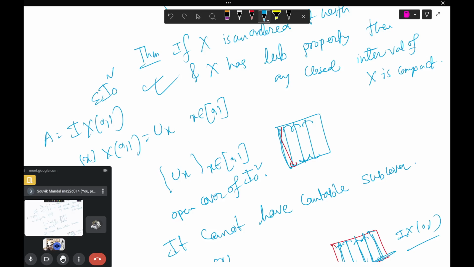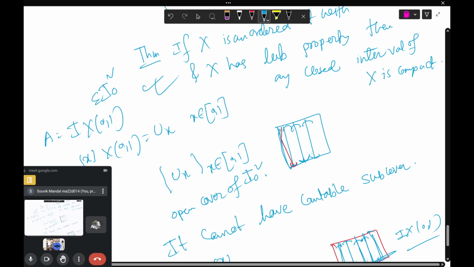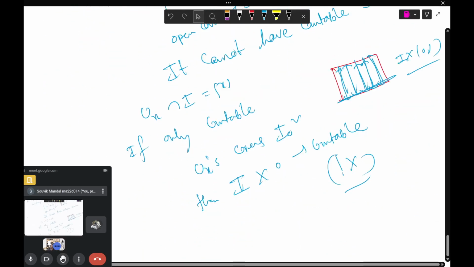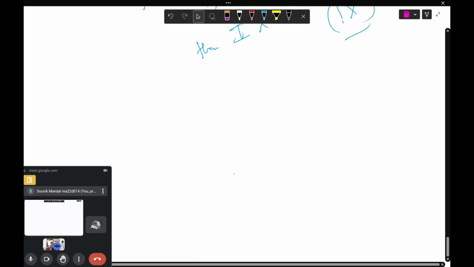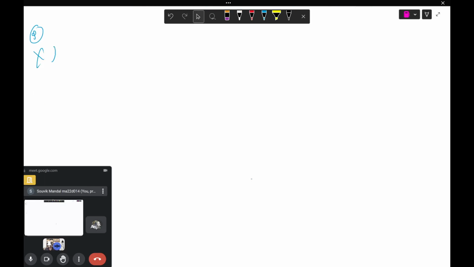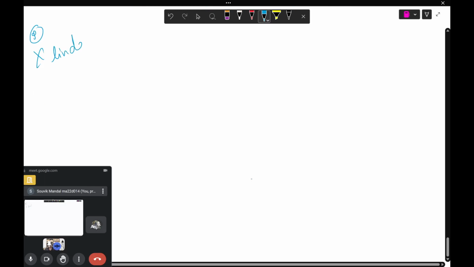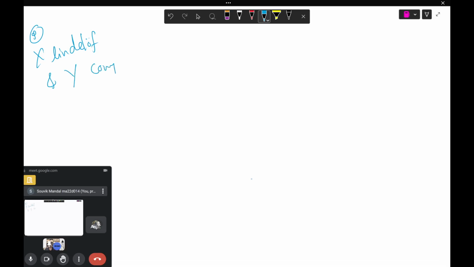Okay, so we have seen two things: that a product of Lindelof spaces may not be Lindelof, and a subspace of Lindelof may not be Lindelof. But under certain conditions, a product of Lindelof spaces has to be Lindelof. First, X Lindelof and Y compact implies X cross Y Lindelof.